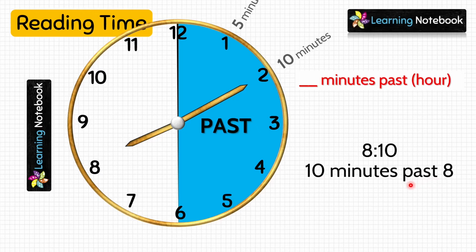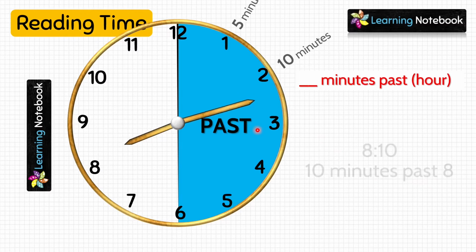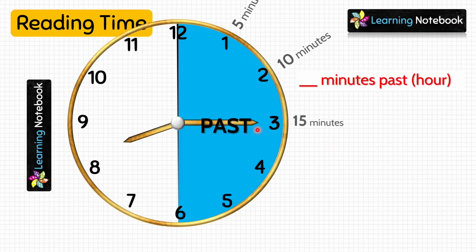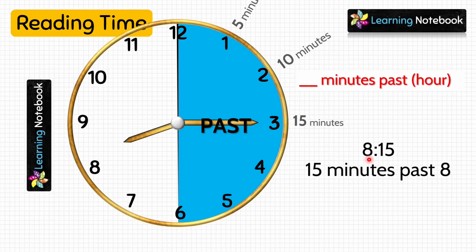Similarly, when the minute hand is at 3, 15 minutes have passed. So, we read the time as 8:15 or 15 minutes past 8. We can also call this time as quarter past 8.